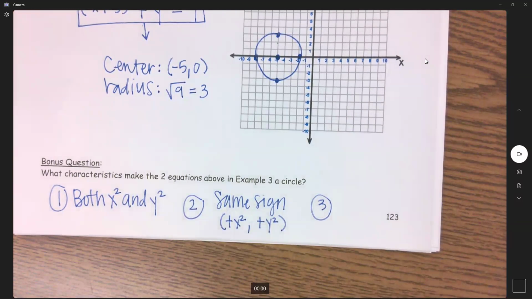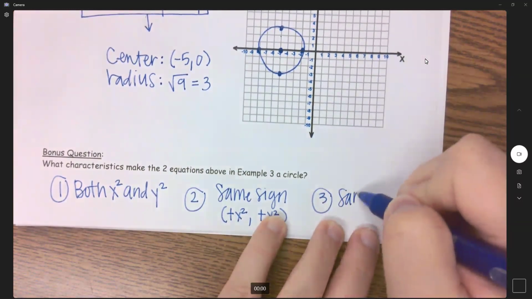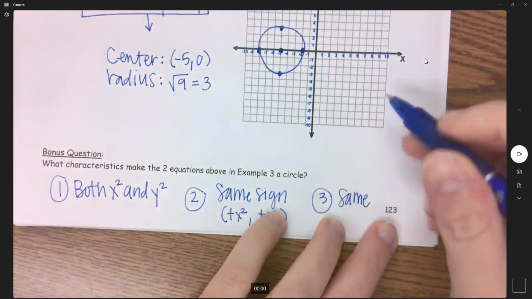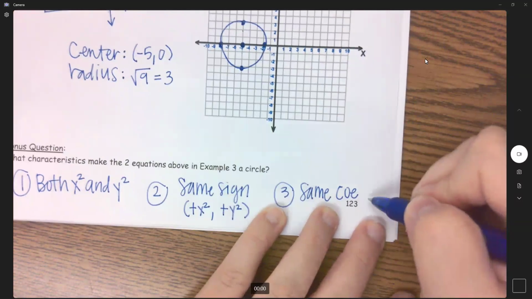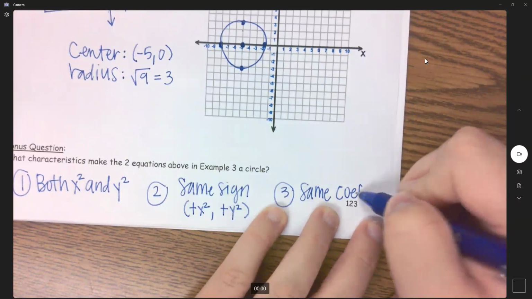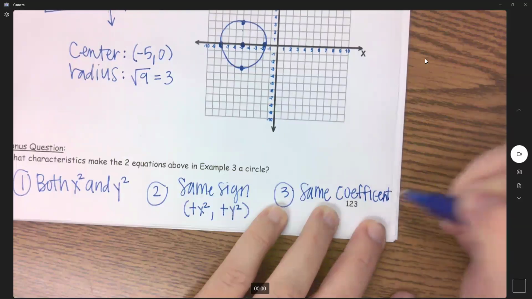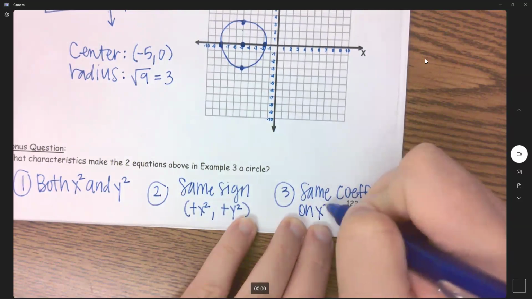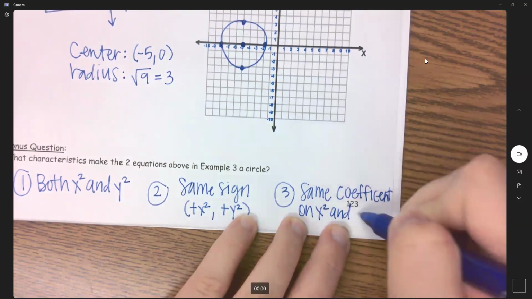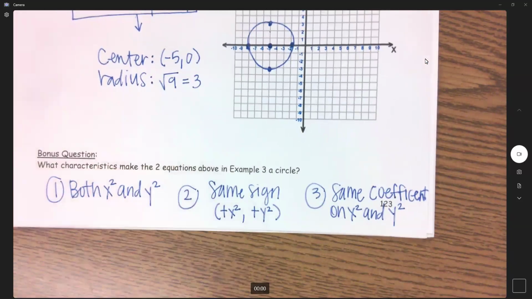Then the last thing we're going to look for are the coefficients. Because these have the same coefficients on x squared and y squared, that makes it a circle.